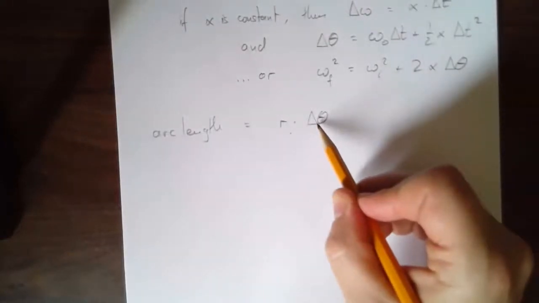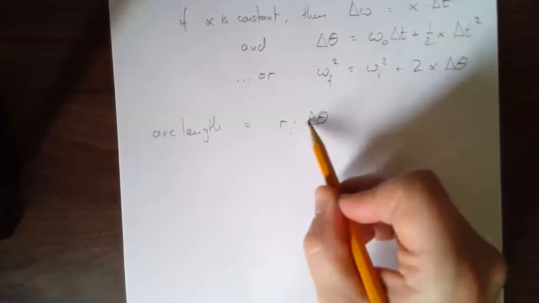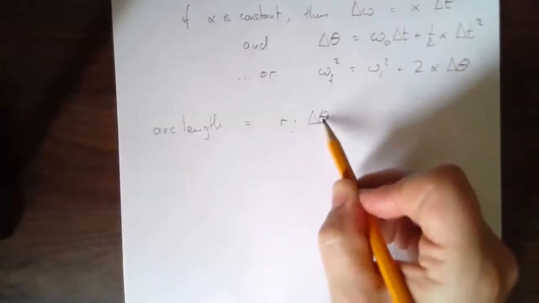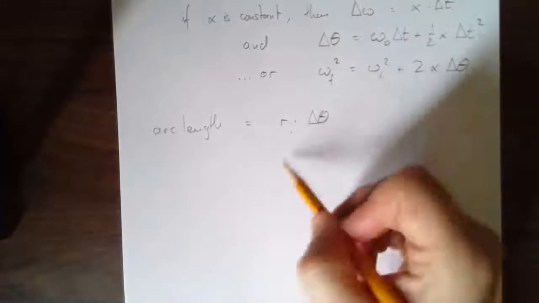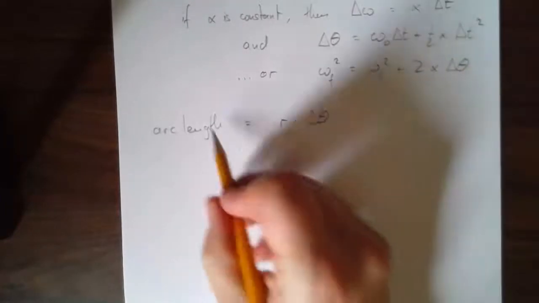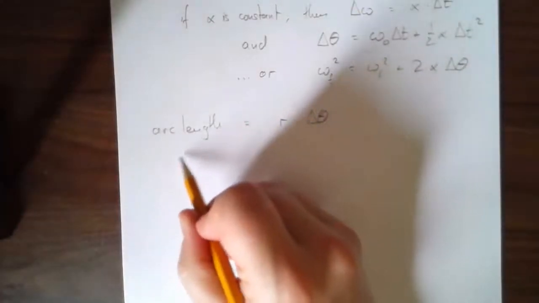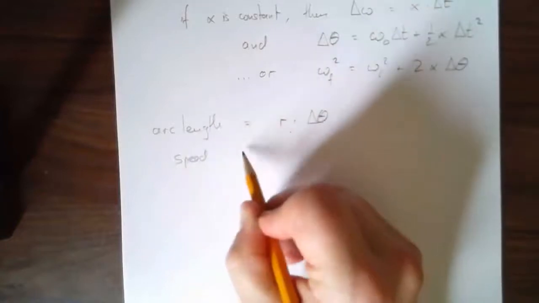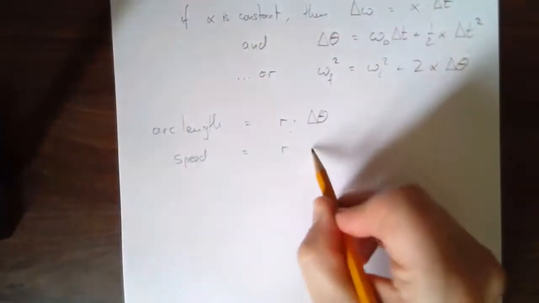What's the angle? The angular position change. Well, you take that times r. Before I just wrote theta, that's fine. You have to understand what it means. It doesn't matter what symbol you use.